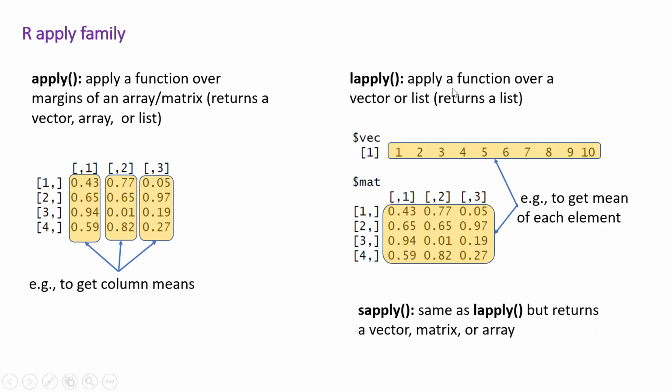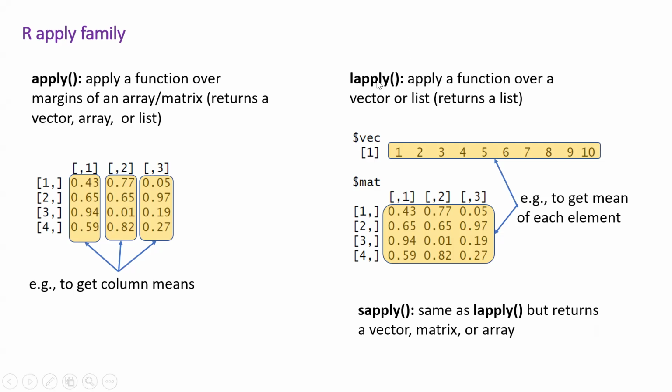With lapply, we can apply a function over a vector or a list. For example, here I have a list which consists of a vector and a matrix, so I can use lapply to calculate the mean of this vector and the mean of this matrix. The sapply function differs from lapply in that we can customize the data type of the output.